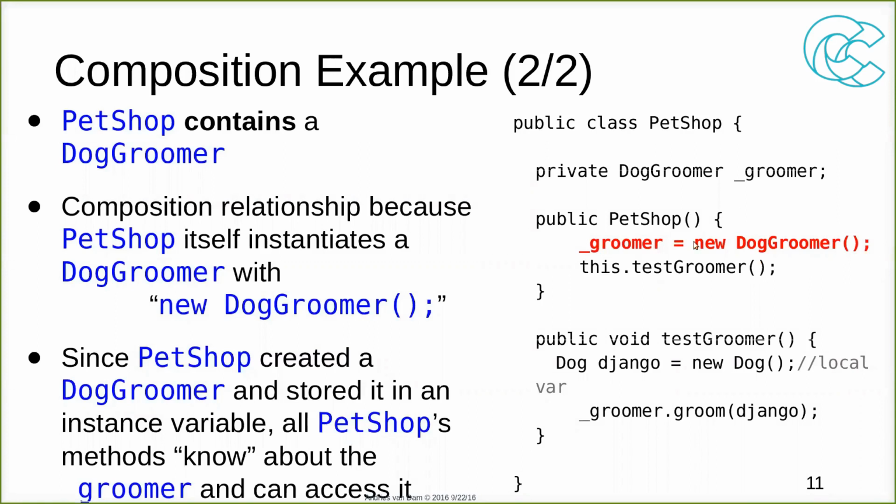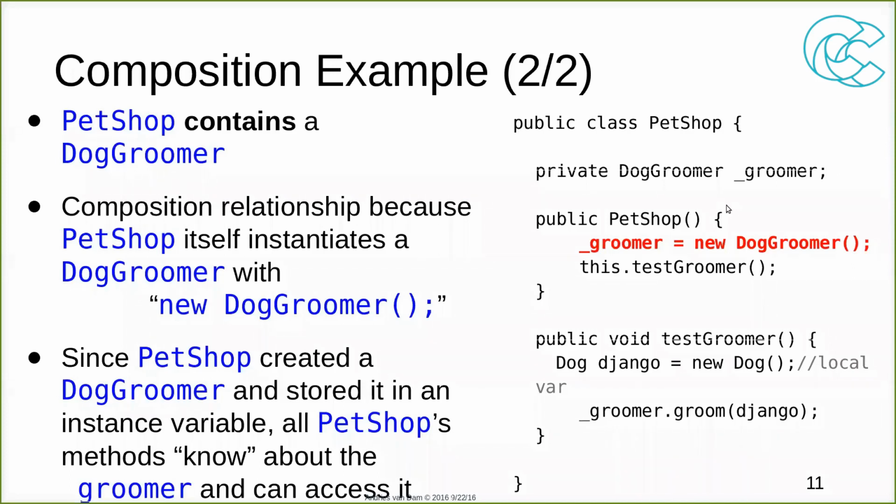If you don't instantiate it, but let's say you have an instance variable which is a variable of a particular user-defined data type, and that happens to be a class, but you are not instantiating it within the constructor of this particular class pet shop, then it's not called composition.